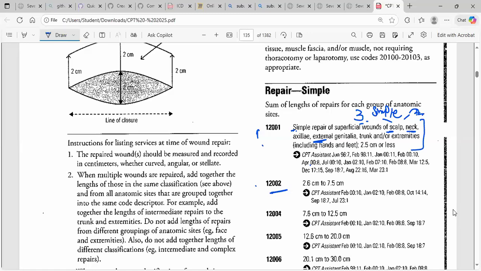Let's try to attempt one question. We will do this question, then we will proceed further. Try to solve this question.